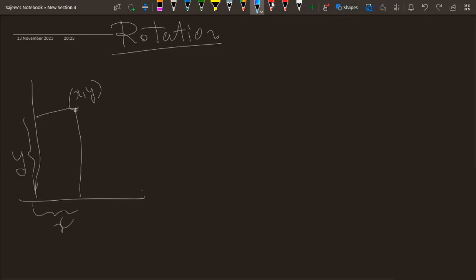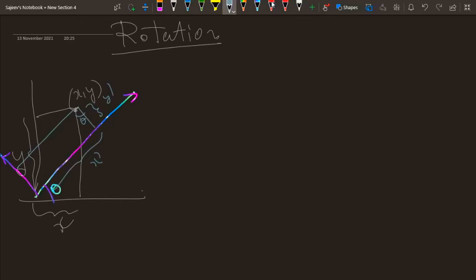Now let me rotate the axes by an angle of theta, which means this is y dash and this length is x dash. Now we can say this angle over here is theta.